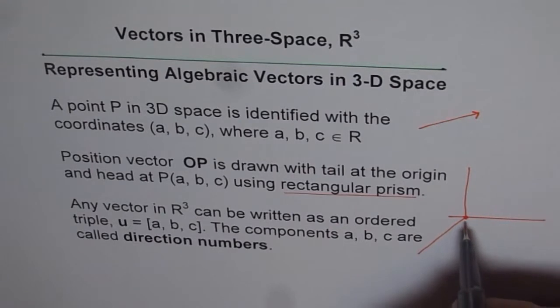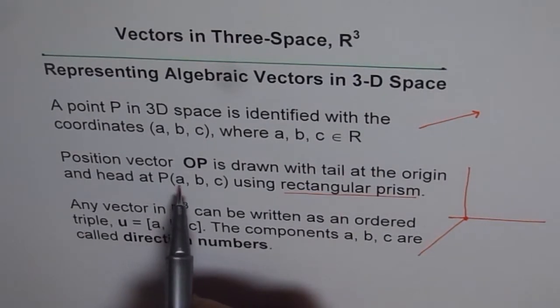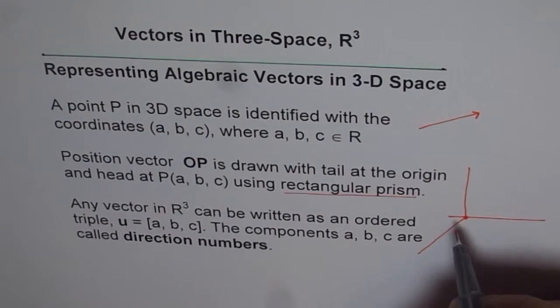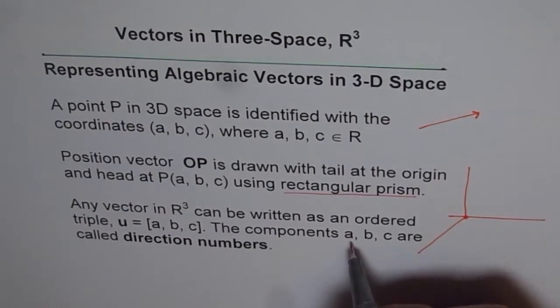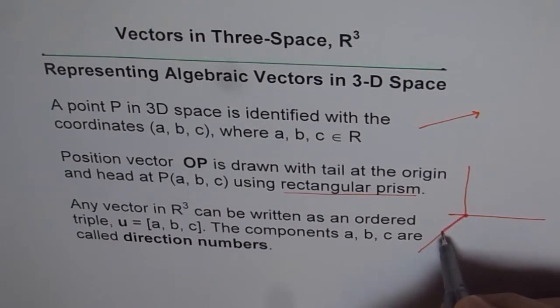So the tail is at the origin. Now when we say that the components ABC are as shown for point P, then A is along x-axis. So we move A units, let's say this is my A units towards x-axis. So that is my A component.